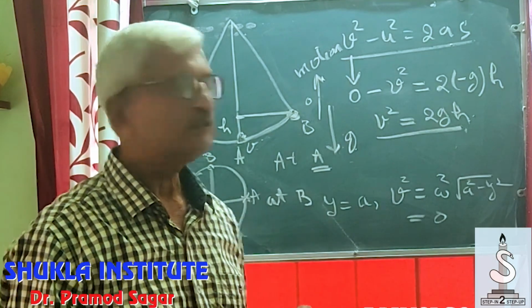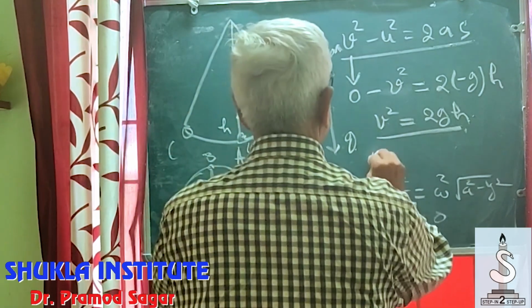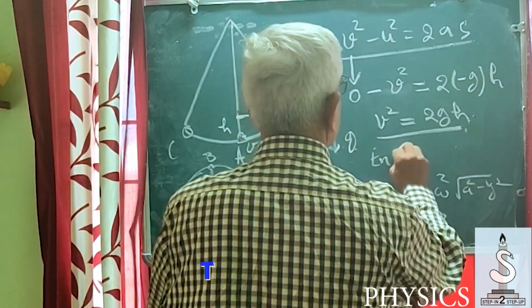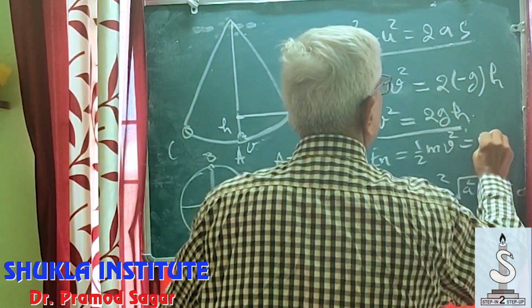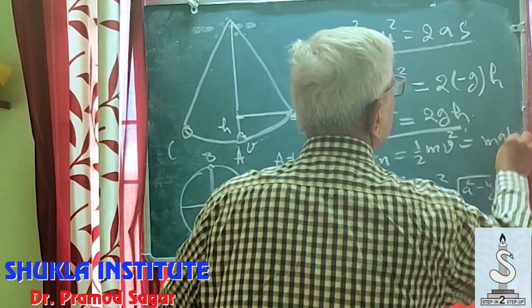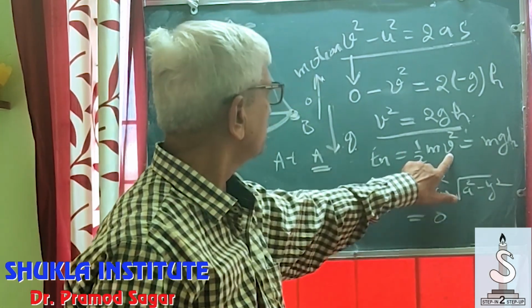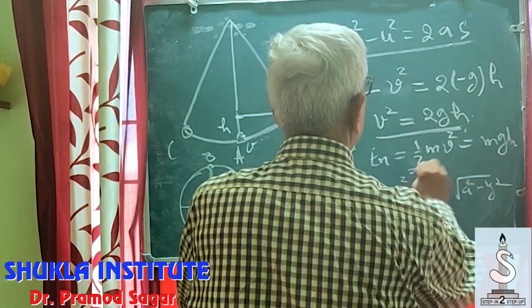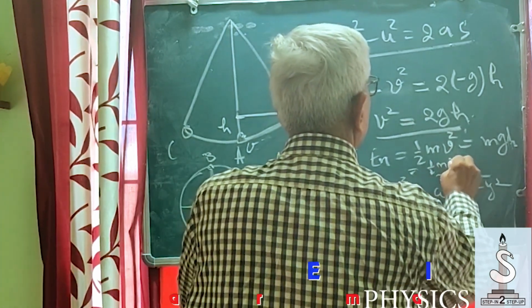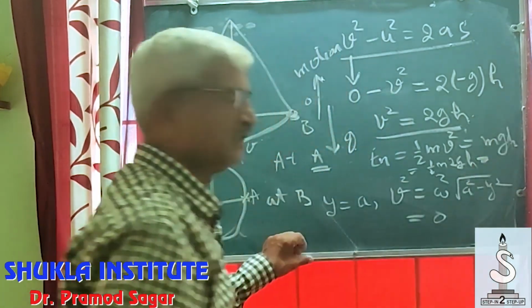How much is the energy? In terms of half m v square if I put, so energy is half m v square, that is mgh. This is nothing but potential energy, because v square is 2gh, so half m 2gh is equal to mgh.